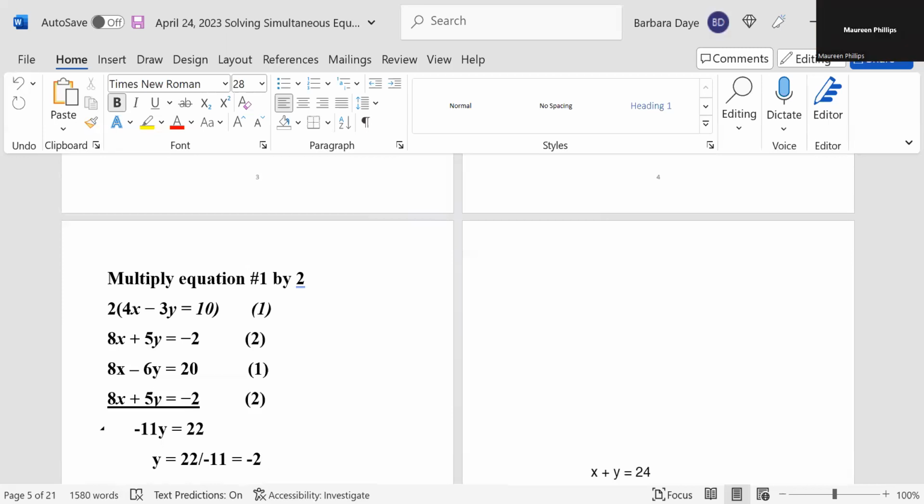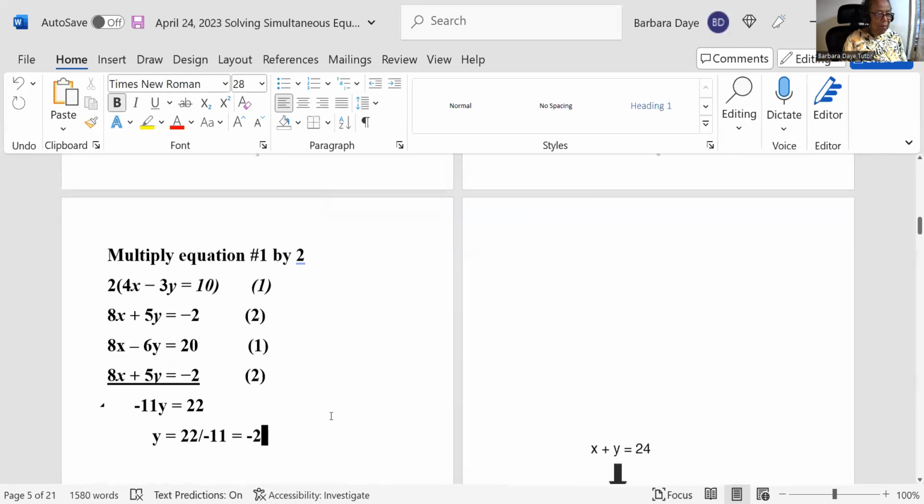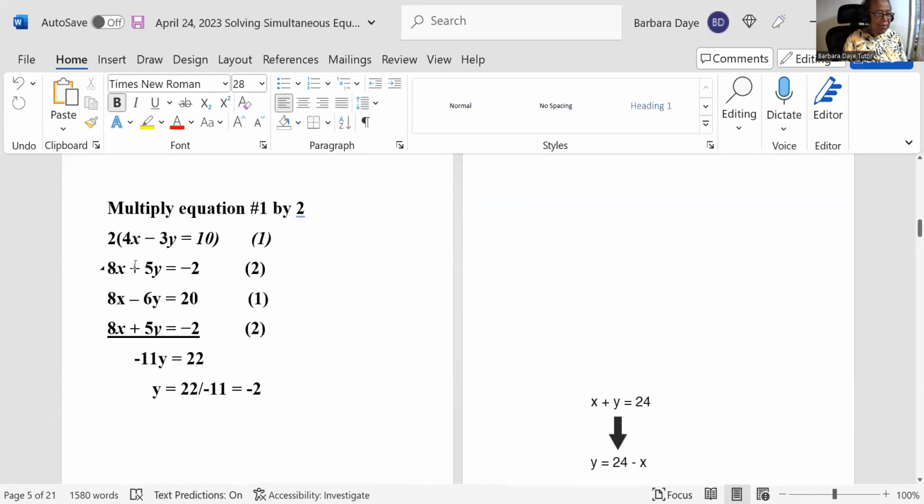Now we've got y. Now take one of your equations and substitute y and solve for x. The easiest one would be this one, right? So where you see a y, put a minus 2 and tell me what you get for x.